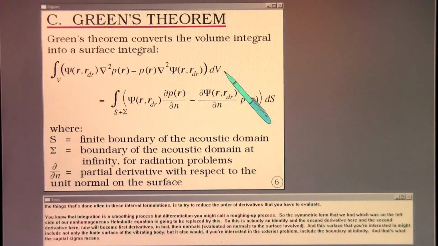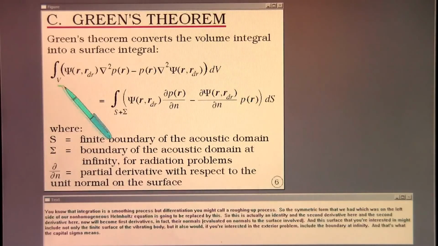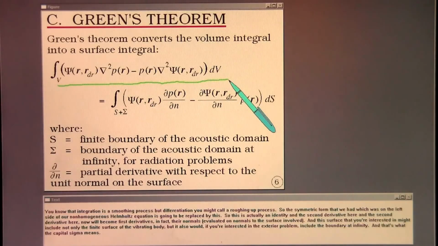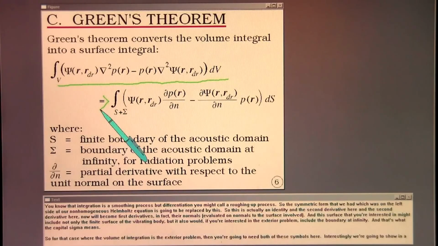So the symmetric form that we had, which was on the left side of our non-homogeneous Helmholtz equation, is going to be replaced by this. So this is actually an identity, and the second derivative here and the second derivative here now will become first derivatives. In fact, there are normals evaluated on normals to the surface involved.